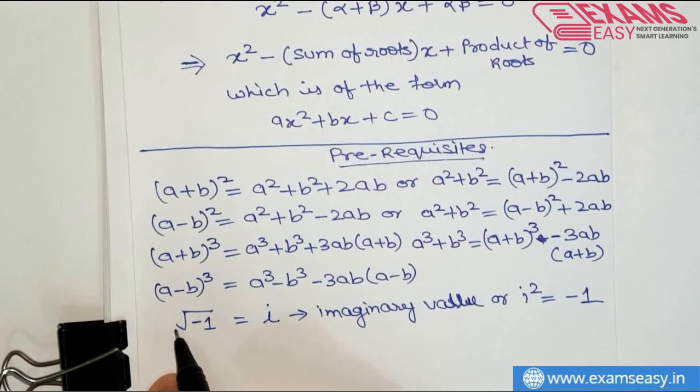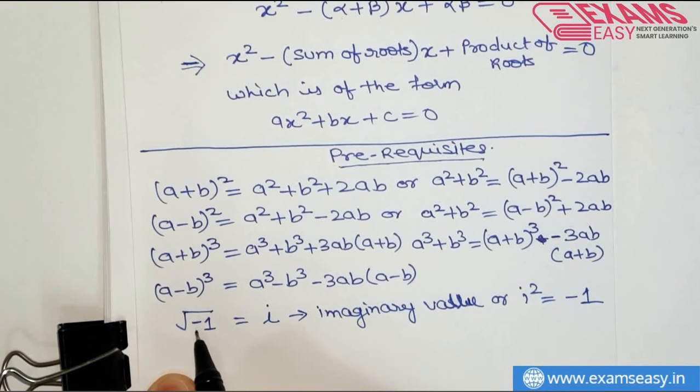Friends, I told you that under root minus 1 is nothing but i, and i denotes the imaginary value. The roots of the quadratic equation may be either real or imaginary. So if you encounter roots which have under root of a negative number, then it is denoted by an imaginary value.